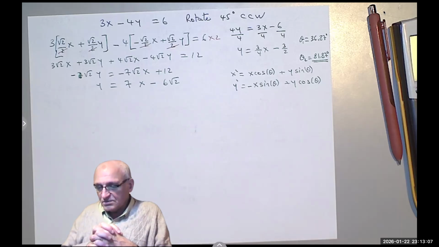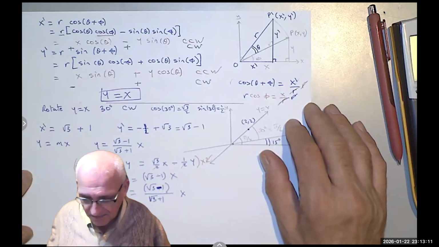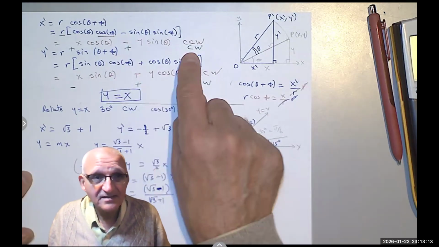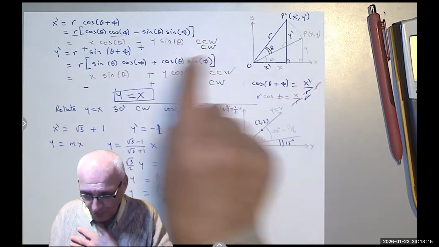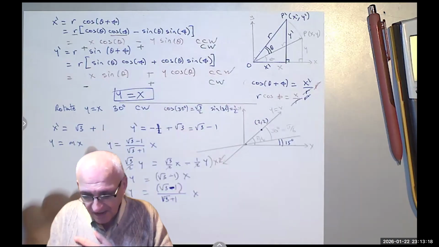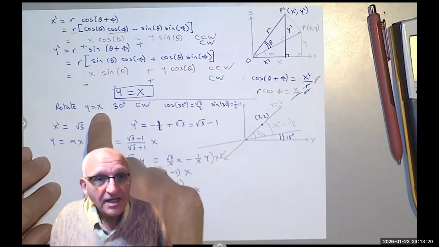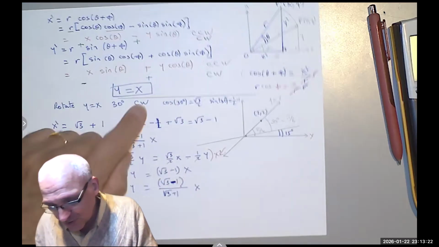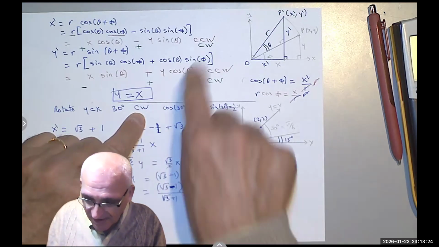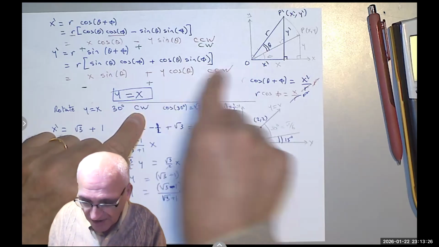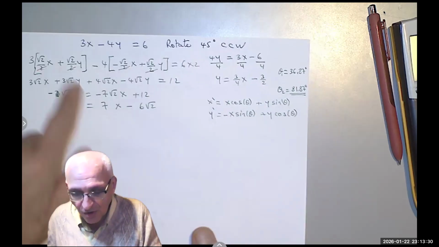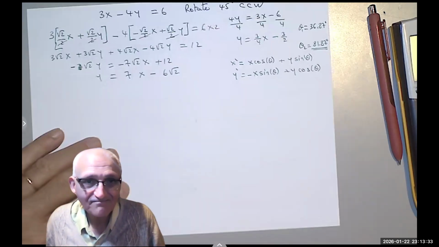So that should be the easiest way. Just keep in mind that we are not rotating points, we are rotating the whole equation. And for that, if they ask me to rotate clockwise, I use the counterclockwise equations. And if they say rotate counterclockwise, I use the clockwise equation.